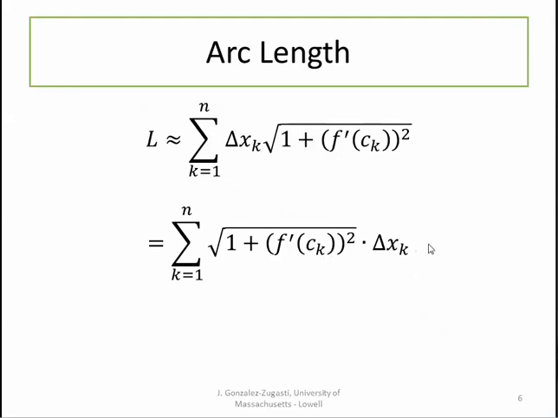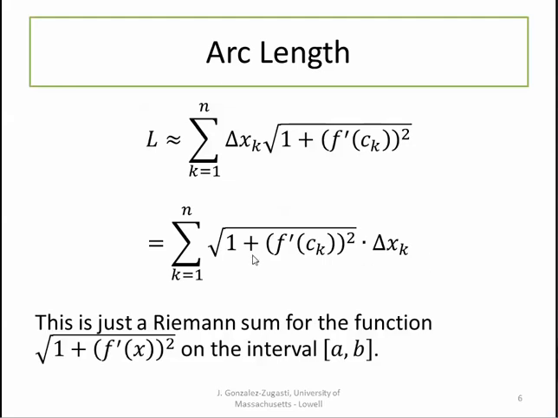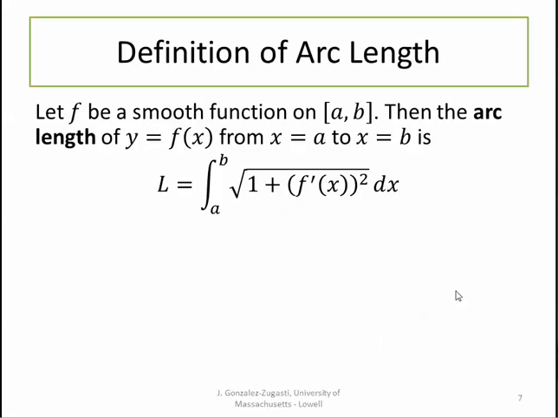And this is just a Riemann sum for the function square root of 1 plus f prime of x squared over the interval [a, b]. So that leads us to say that if f is a smooth function, then the arc length of the function from a to b is the integral from a to b of the square root of 1 plus my derivative squared dx.